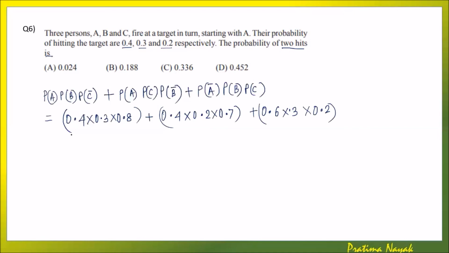So go on multiplying. It will be 0.096. This will be 0.056. And this will be 0.036. Add these, and the answer is 0.188. So 0.188 is the answer.